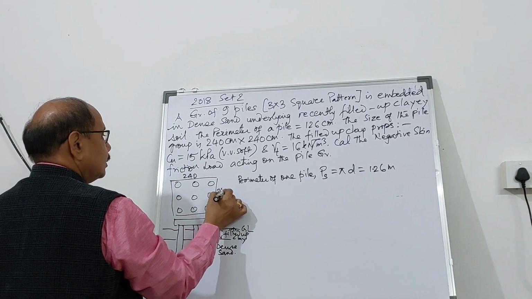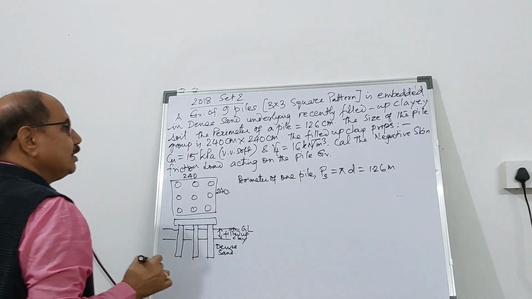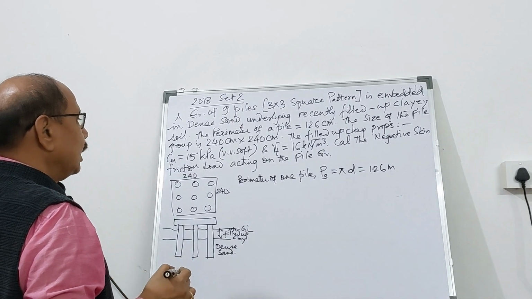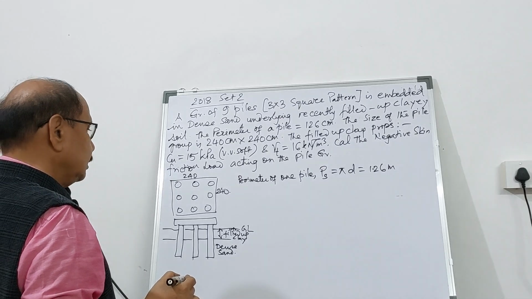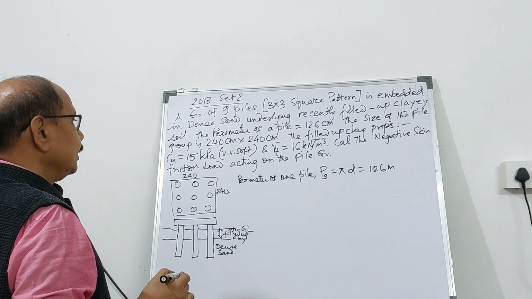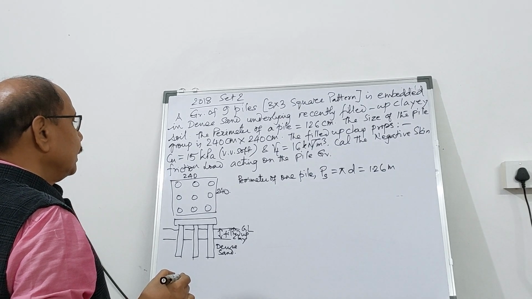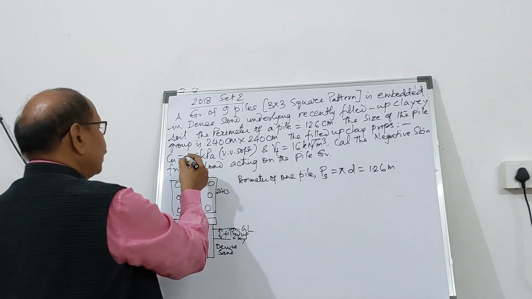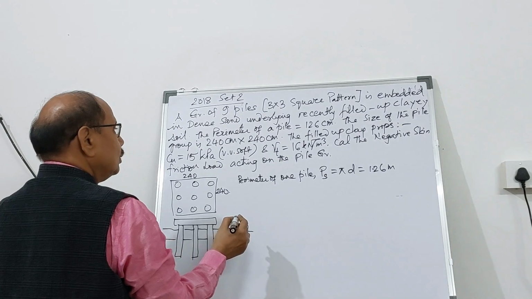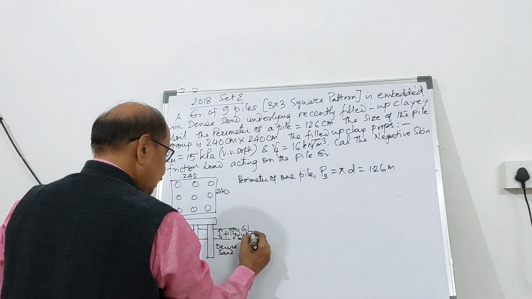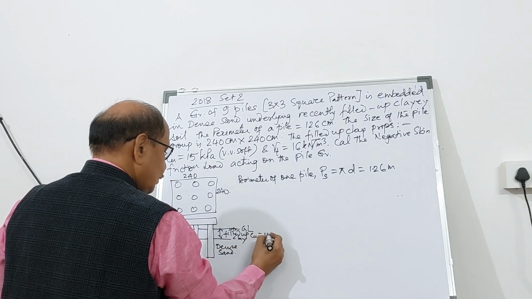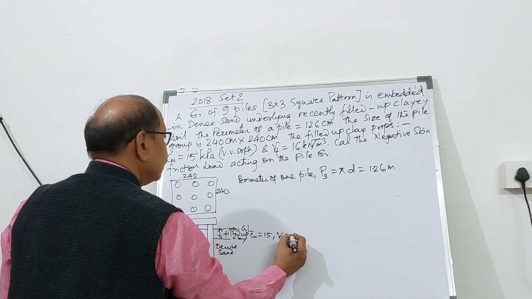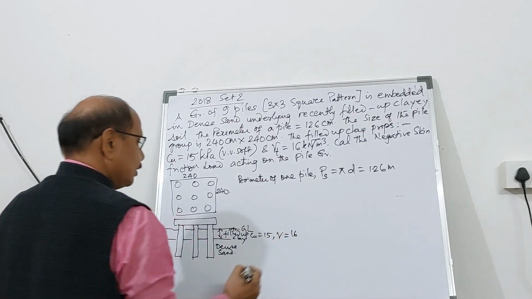by 240 centimeter, the size of the pile group, and the filled up soil has got Cu, which is given to you here, 15, and gamma is also given as 60.